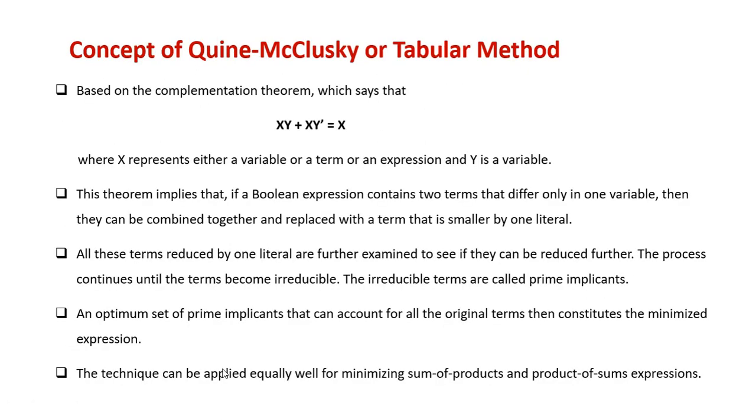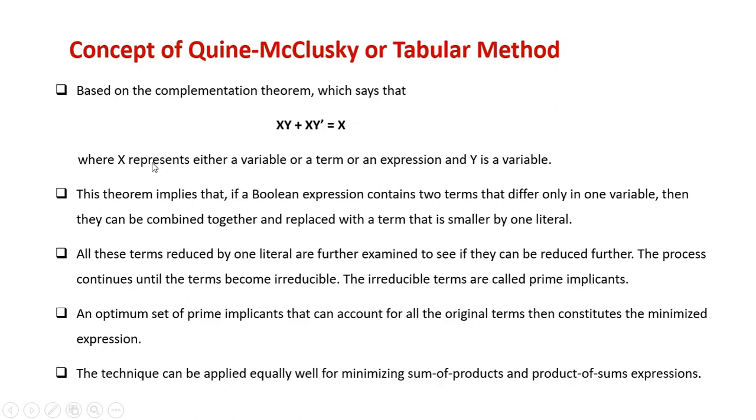Now let's see the concept of the Quine-McCluskey or tabular method. What is the concept? This method is based on the complementation theorem. We can see it as xy or xy bar, which is equivalent to x only.